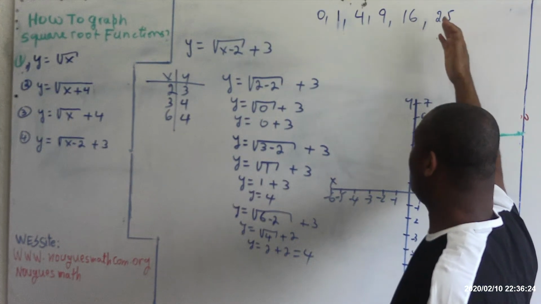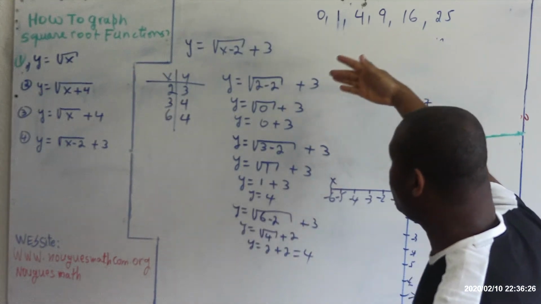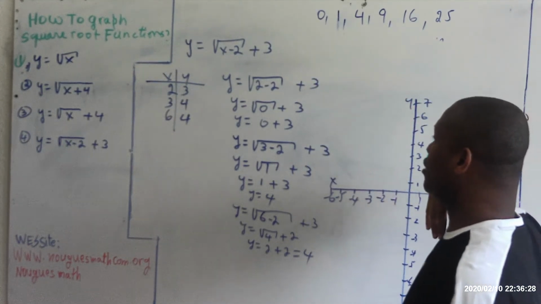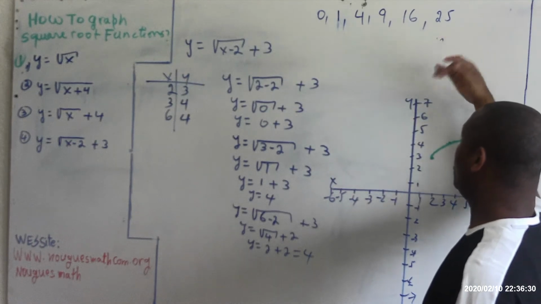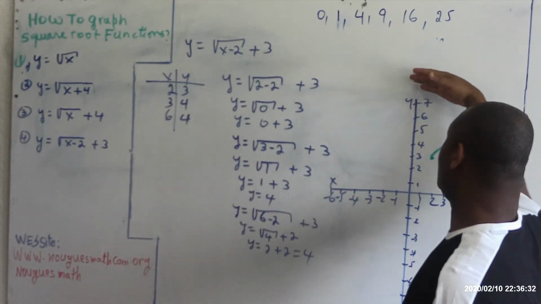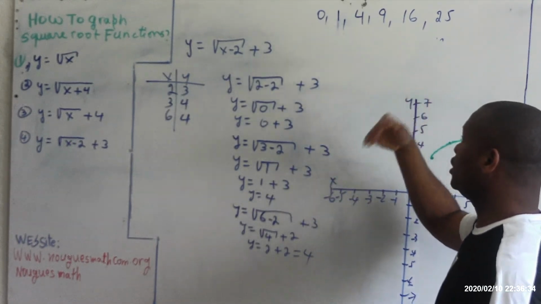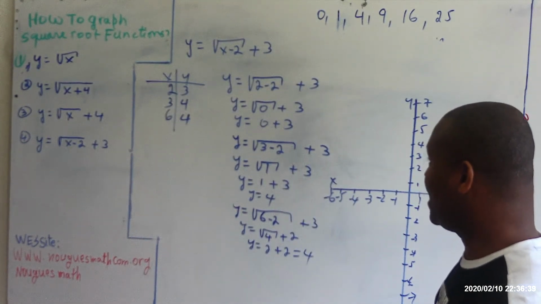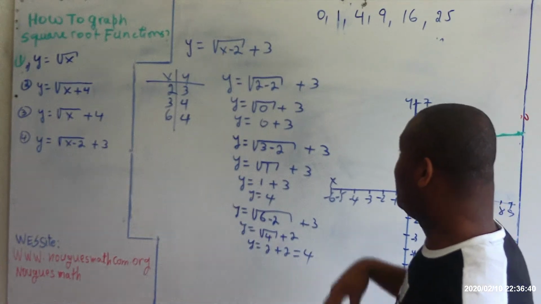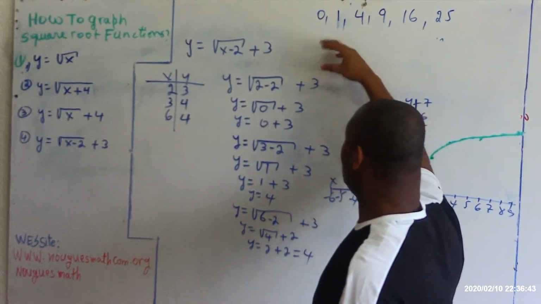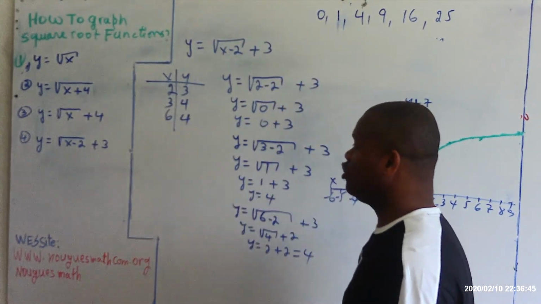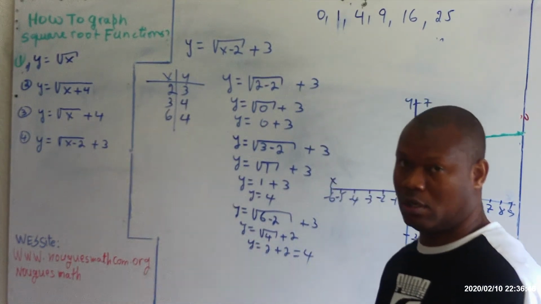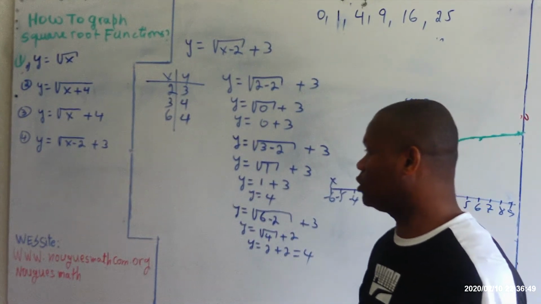We have more, like 49, 81, 100, but we don't need more when we are about to graph. As long as you know you can plot the square root numbers, you're good. And then you know how to make a table to graph a square root function.